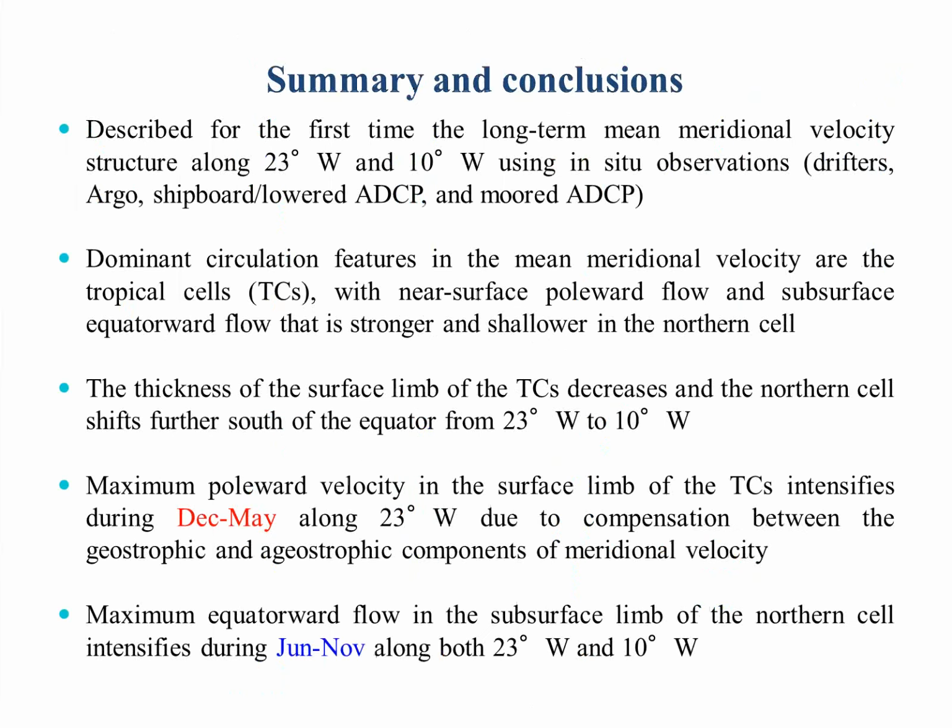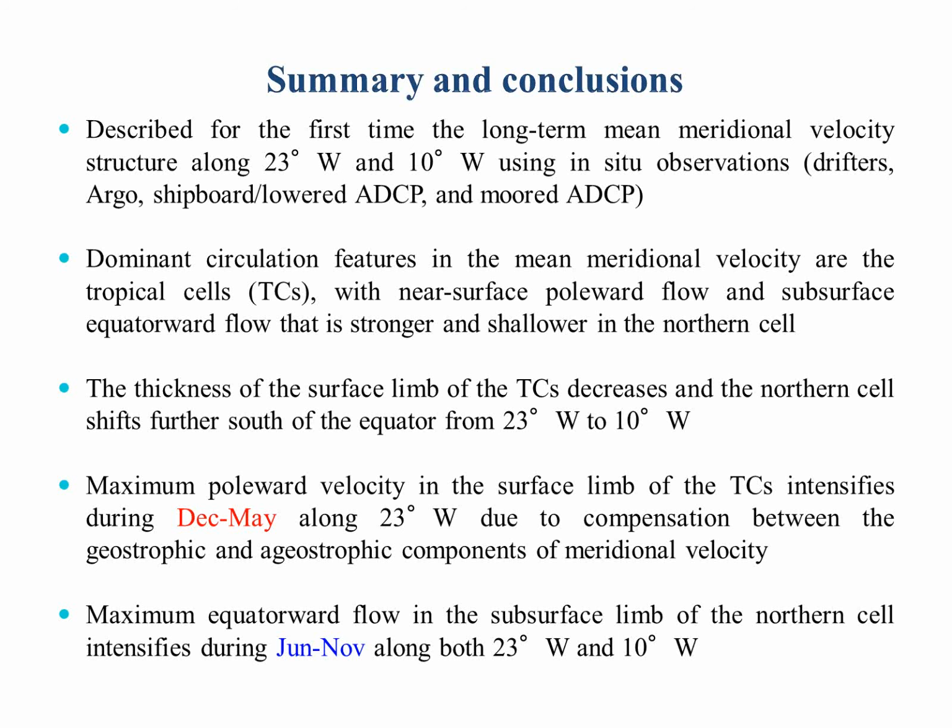Okay, so in this study, we're able to describe for the first time the long-term mean meridional velocity along 23 west and 10 west using in-situ observations, so using drifter, Argo, shipboard lowered ADCP, and mooring velocity measurements. We found that the dominant circulation feature in the mean meridional velocity are the tropical cells with near-surface poleward flow and subsurface equatorward flow.